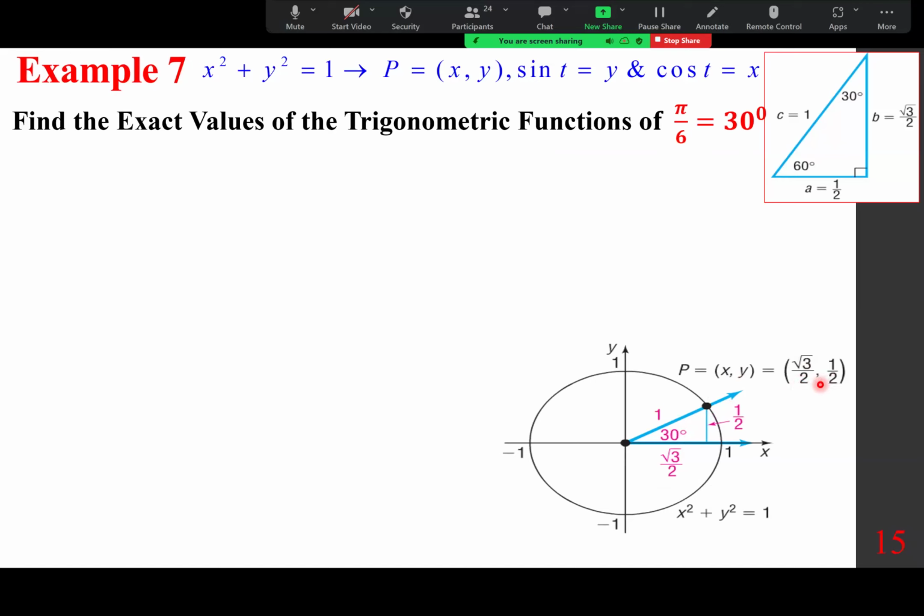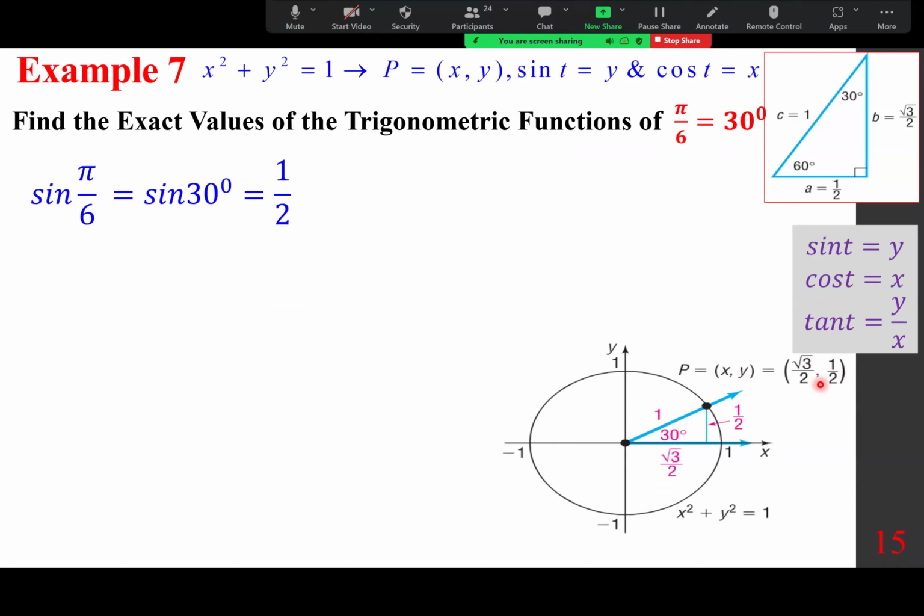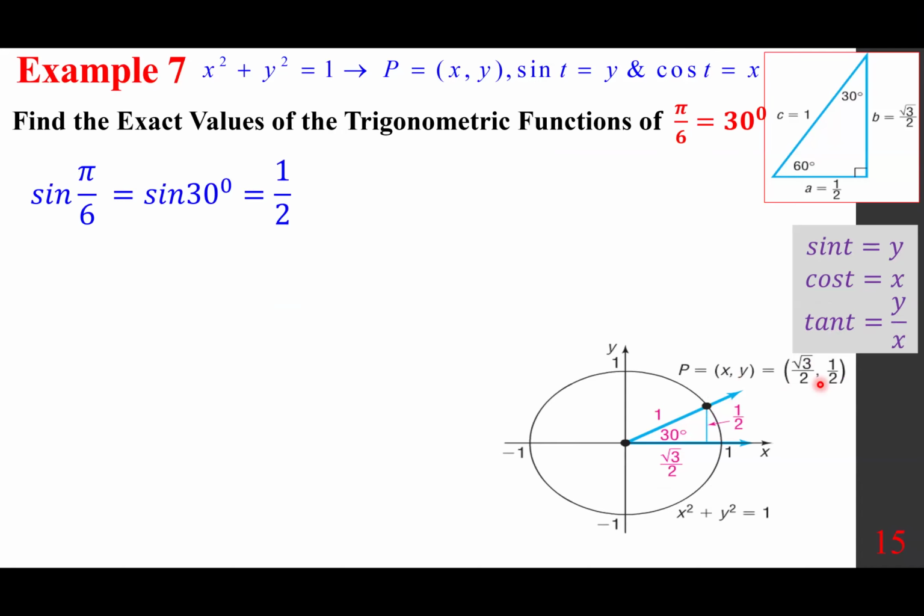Y is 1/2. That means sine of 30 degrees or pi over 6 is 1/2. Okay, so pretty straightforward, everybody. Sine and cosine. Can't get any easier than that.